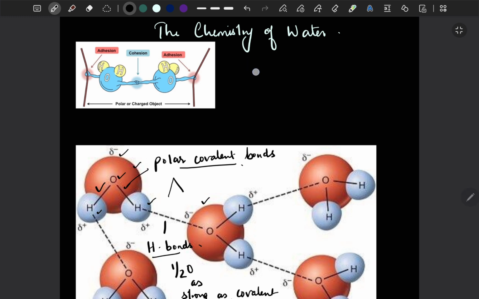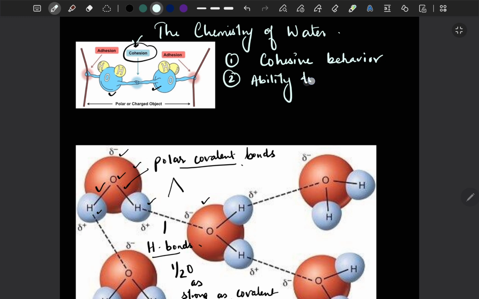So, the first property is cohesive behavior. You can see the friendship between two water molecules. We will study this in detail. Cohesion, adhesion, right? So, cohesive behavior. Then, its ability to moderate temperature, that also we will study. We will study all these things in detail.